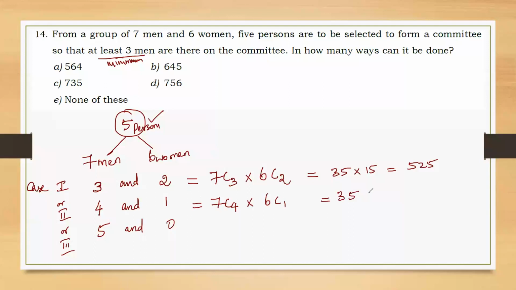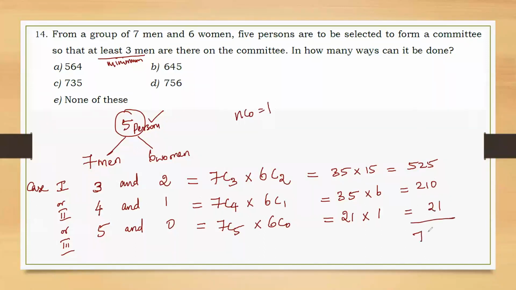So 35 into 6, 210. And you need to select 5 men out of 7 and 0 women out of 6. So 7C5 equals 7C2, which is 21, and 6C0 is 1. So just add it, you will get 756.